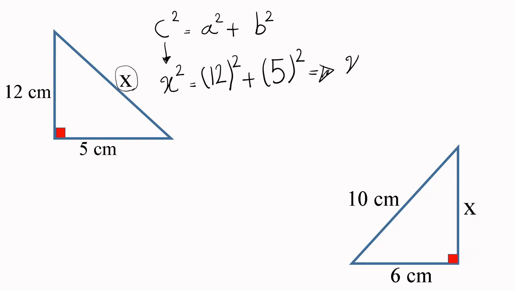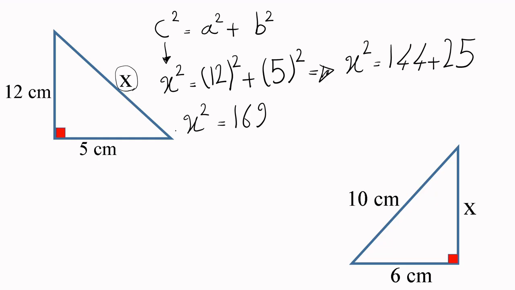I'm gonna have x squared is equal to 144, 12 squared is gonna be 144, plus 25. And if I add them, I'm gonna have x squared is equal to 169.